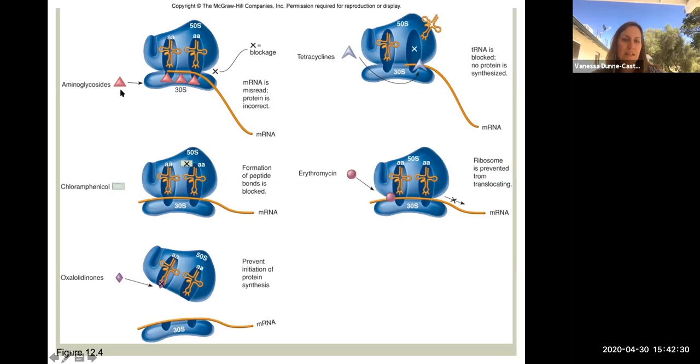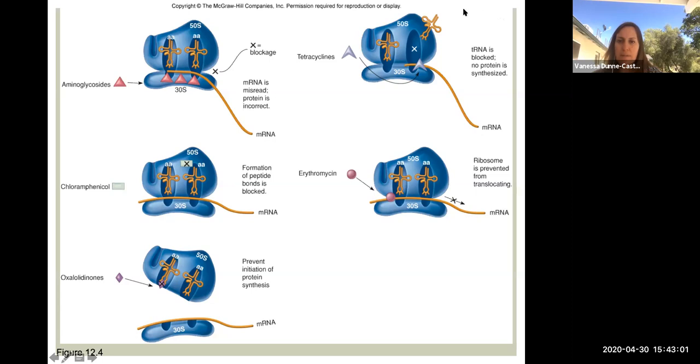So here's your aminoglycosides. These will bind essentially to the mRNA component of this ribosomal complex, which causes misreading and incorrect proteins. Here's chloramphenicol. This one prevents the formation of that peptide bond from P to A, so it eliminates the development of that protein. This class actually inhibits the formation of that ribosomal complex altogether at ribosomal initiation, so preventing protein synthesis.